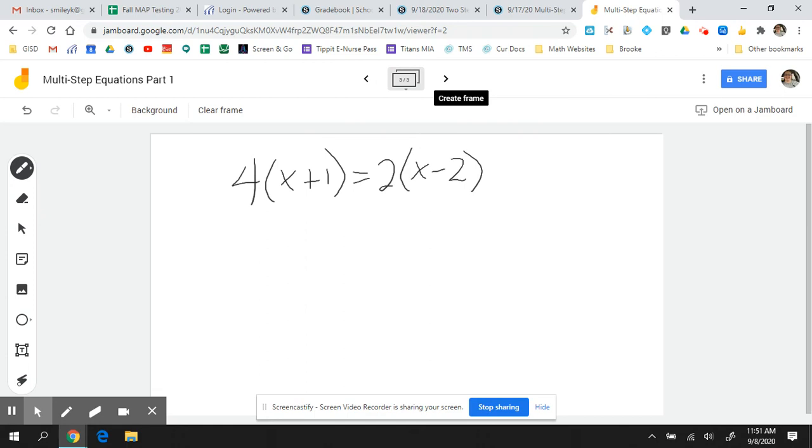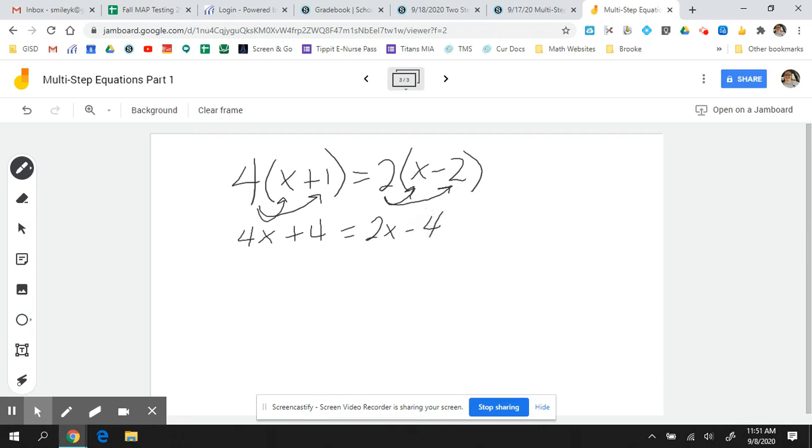So we're going to distribute first on the left side. So 4 times x is 4x. 4 times 1 is plus 4. Be sure you multiply both terms. So 2 times x is 2x. And you got to go back. 2 times negative 2 is negative 4.